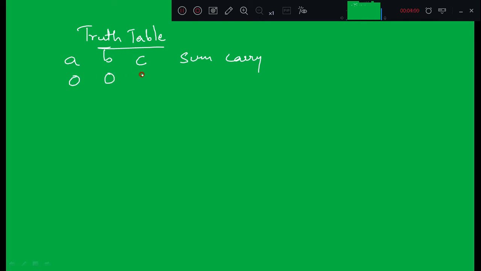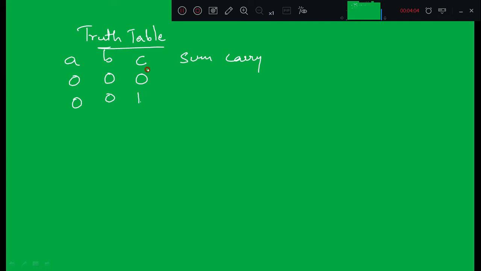Okay, moving to the next slide, where we are going to write the truth table for full adder. Inputs, that is three inputs, right? And the outputs will remain the same, that is sum and carry. There are 2 outputs and 3 inputs for full adder, right? So since there are 3 inputs, you can write a total of 8 combinations.